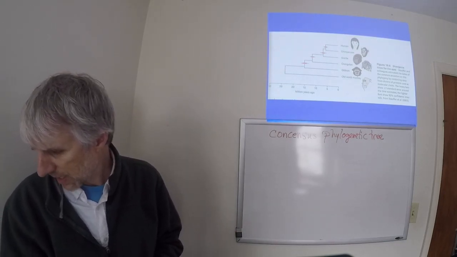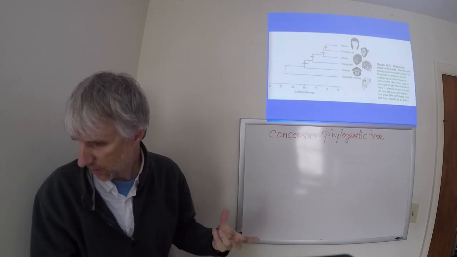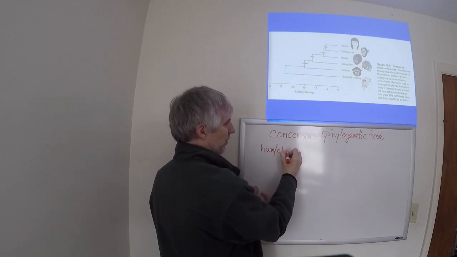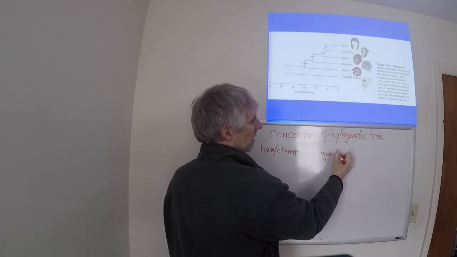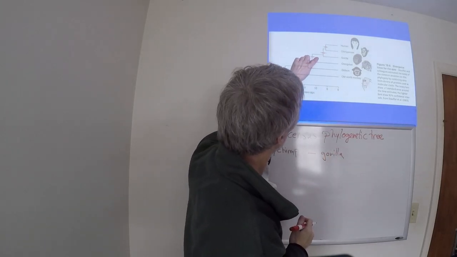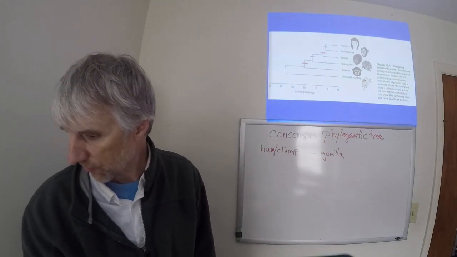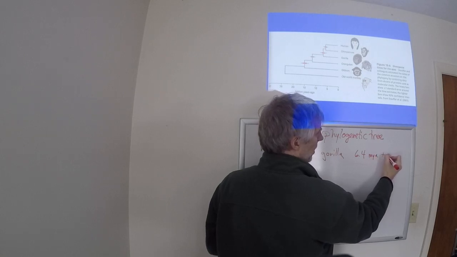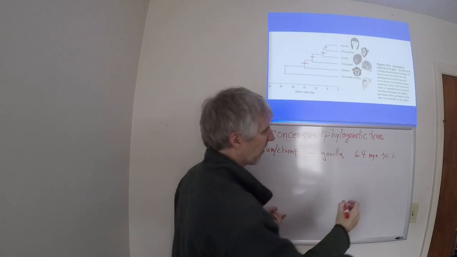So based on this, the human-gorilla split, which would be right there, the number for that is 6.4 million years ago, plus or minus 1.5 million.